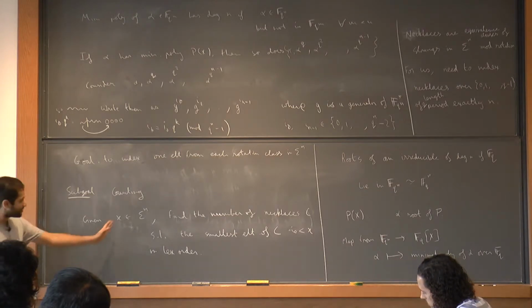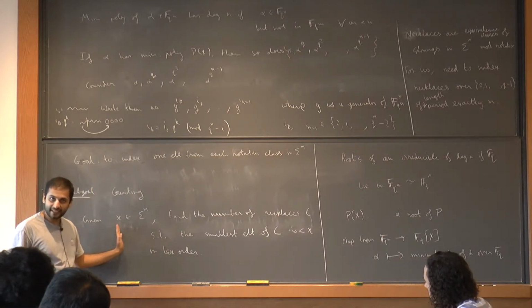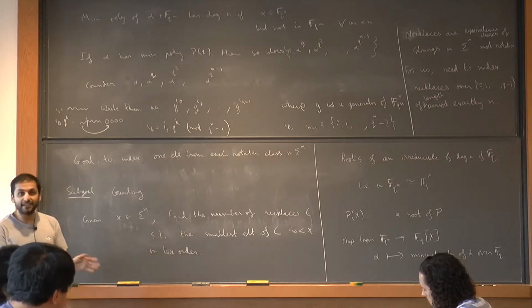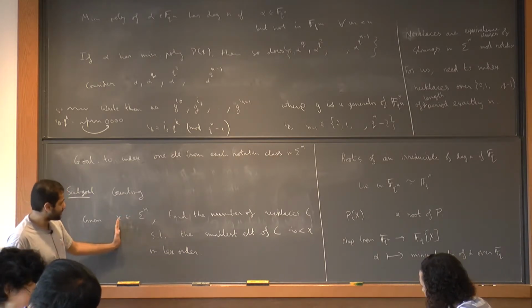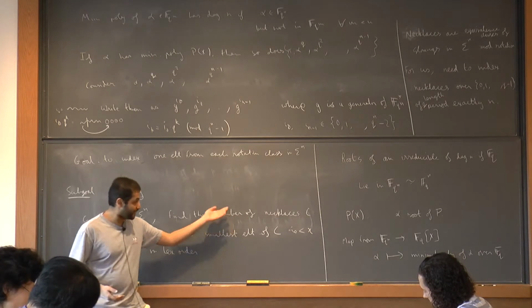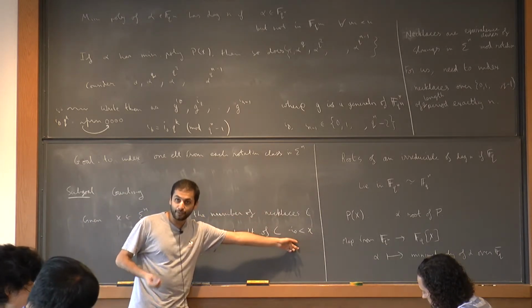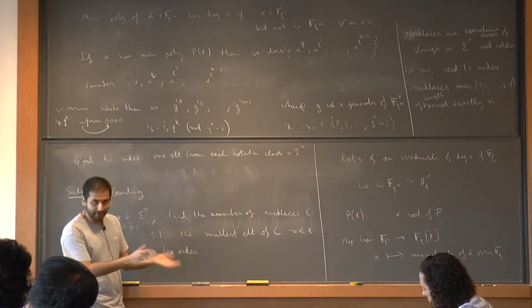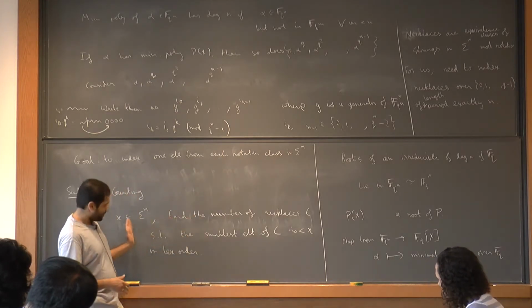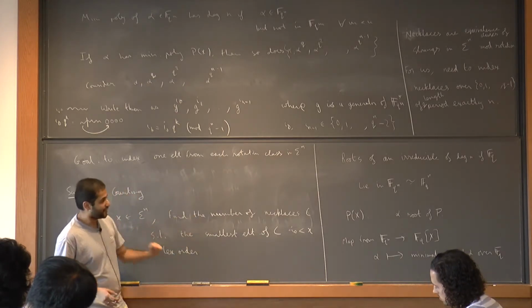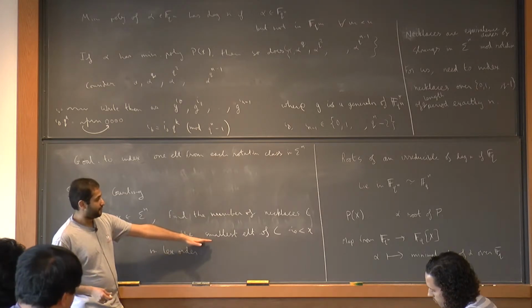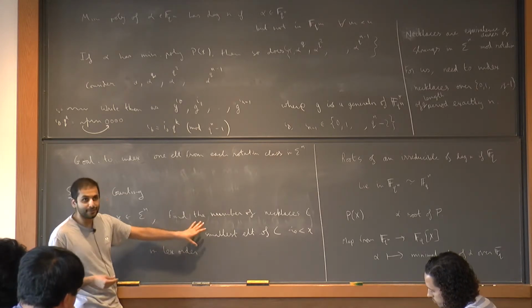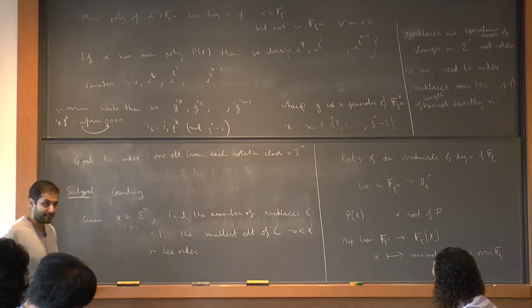Why? Because then we'll binary search on x, and let's say we want to find the 500th necklace. We'll look at x, and we'll count the number of necklaces C whose smallest element is less than x. If that number is bigger than 500, we go down, and then we keep moving x until the answer to this problem is 500, and then that's our 500th necklace.